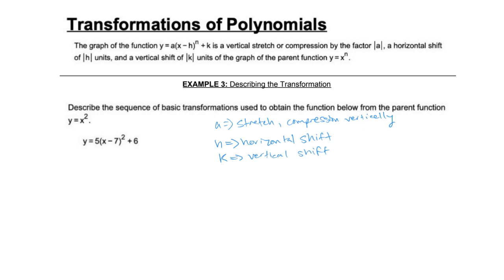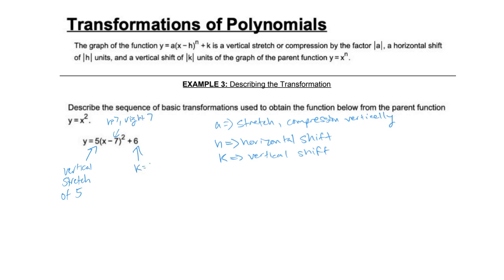All right, so 5 tells us we have a vertical stretch of factor 5. Our H is 7, so we go right 7.